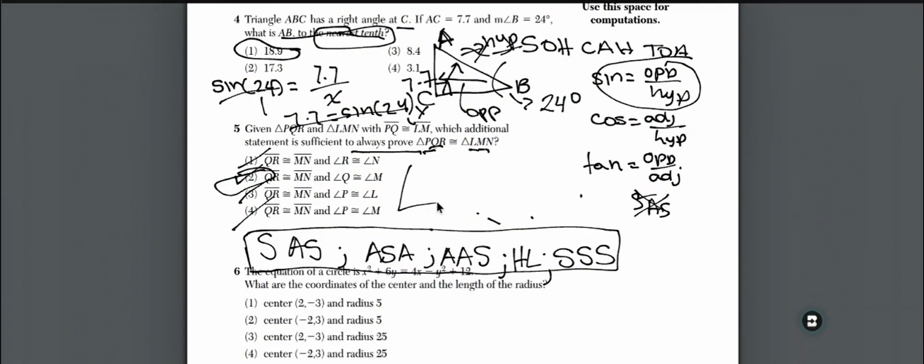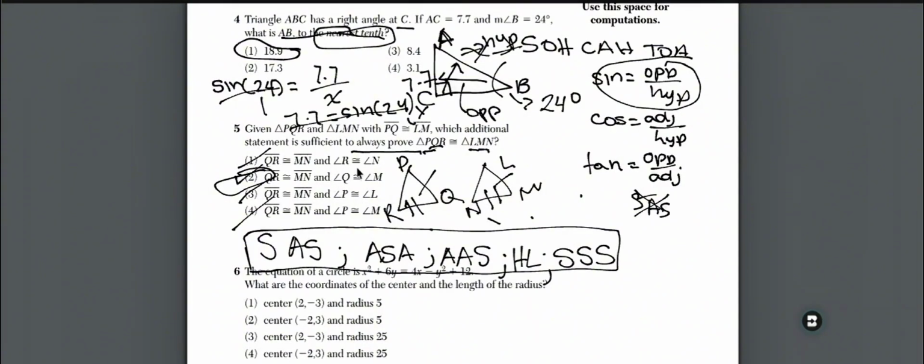So I have my triangles. I had P, Q, R, and I had L, M, N. It told me PQ and LM are congruent, and all my answer choices stated that QR is congruent to MN.